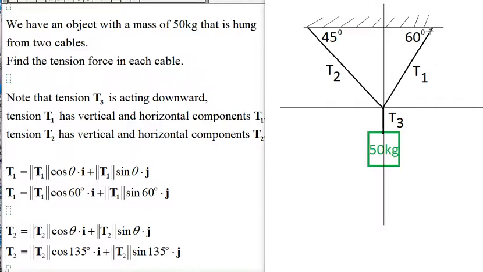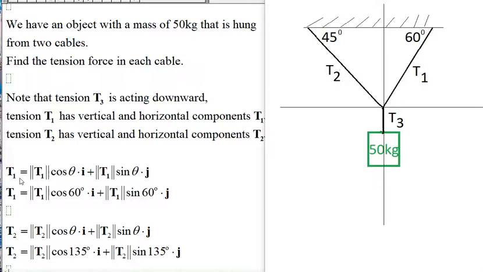And so for cable number 1, or vector t sub 1, we can write t sub 1 as a linear combination of the standard unit vectors I and j.